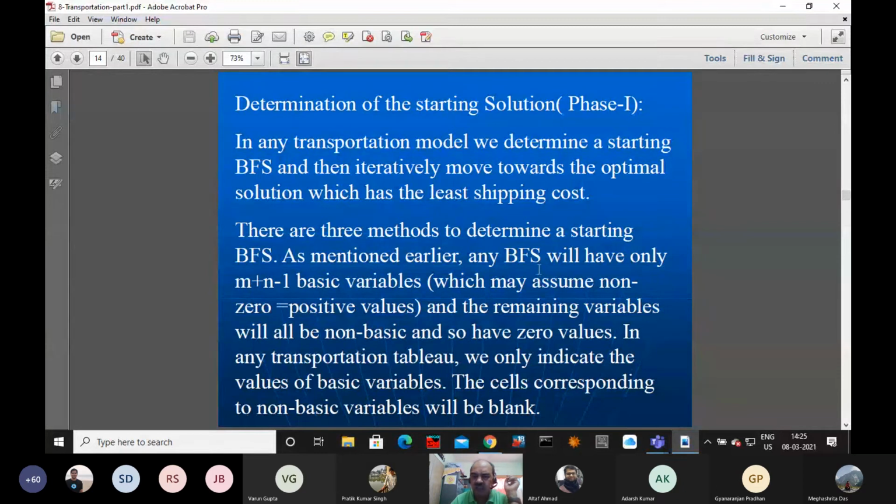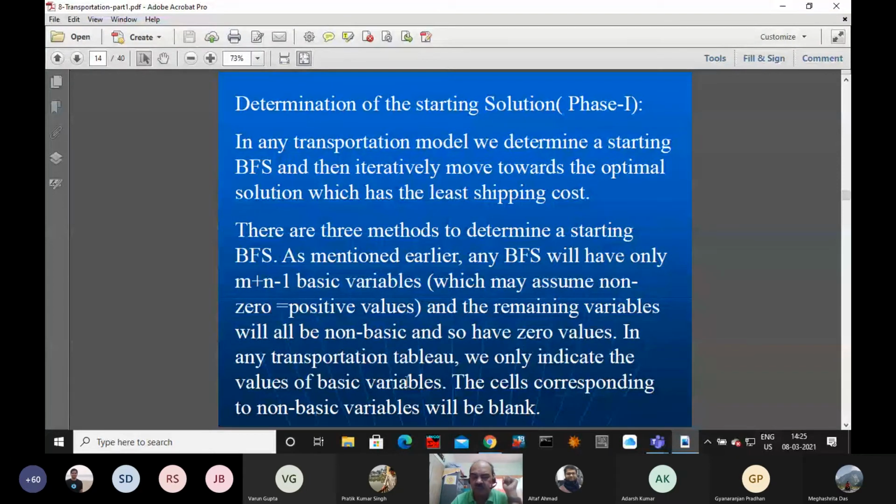Any basic feasible solution will have at most m plus n minus 1 basic variables, sometimes fewer, which may assume non-zero positive values, and the remaining variables will be non-basic. These are the basic variables. The remaining variables are non-basic, so they have zero values.